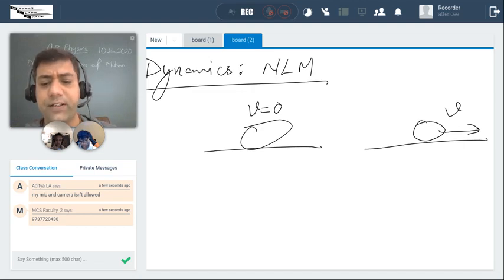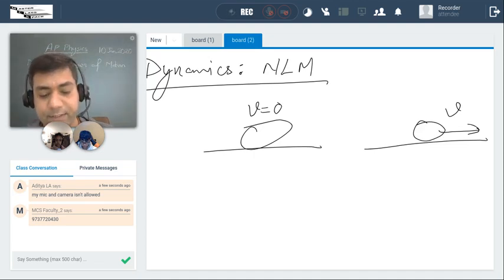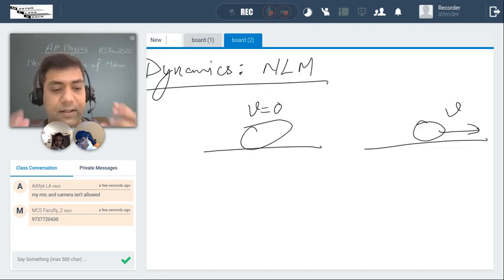External force is defined as something which is outside the system. Now what is a system? A system is something in which we are interested, in which the interactions are taking place. For example, two balls are there. We are interested in dealing with the velocities of the two balls. They come close, they collide, they move away.